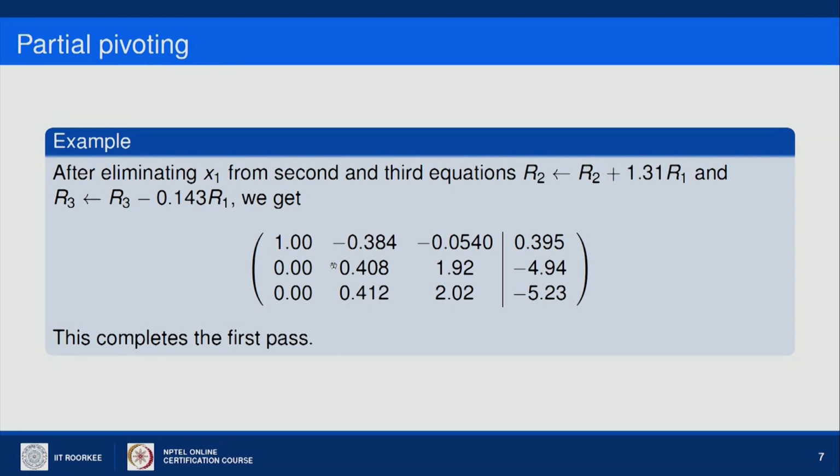Now what I will do? I will do the same for the second and third equations, but leaving out the first column because these are 0 already. So I will go to the second column. In the second column I will choose the element having the maximum absolute value out of these two, that is 0.408 and 0.412.